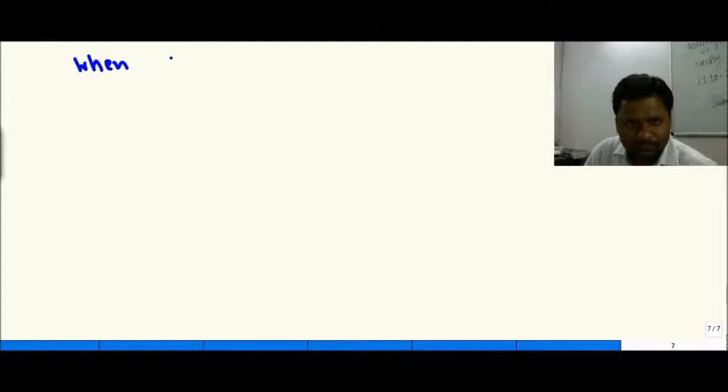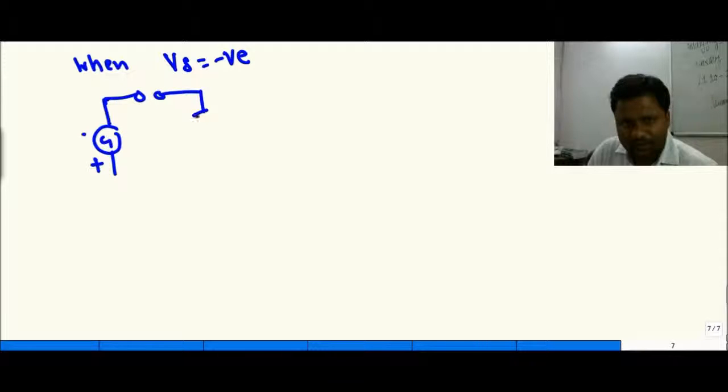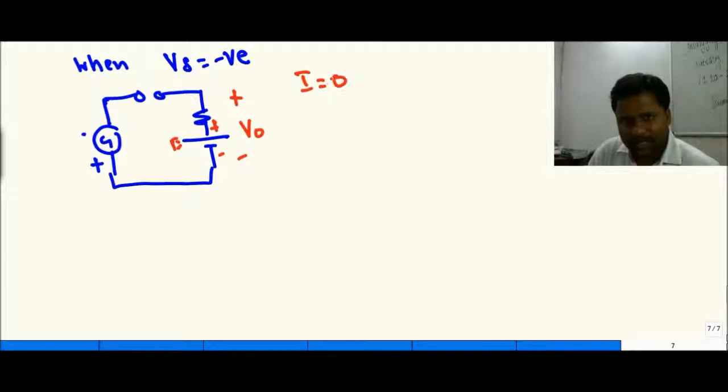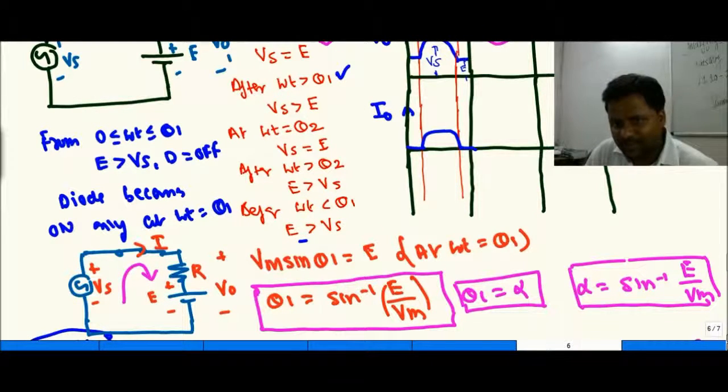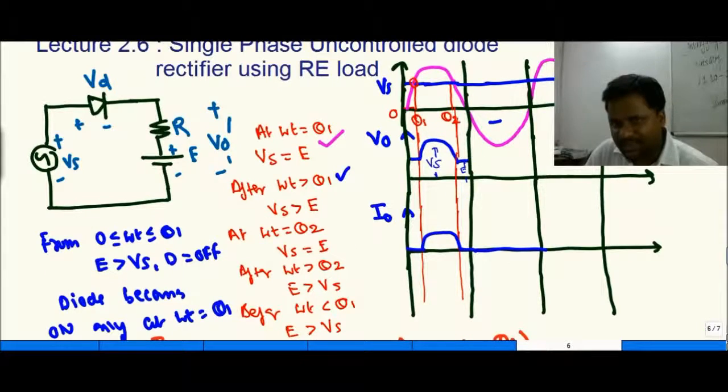When Vs becomes negative, that means plus minus like this, the diode becomes off, and we can come to the conclusion, plus minus V naught, this should be E, current is 0 and output voltage becomes E. So we can say that when supply voltage is negative, the current becomes 0 and the output voltage continues from E.